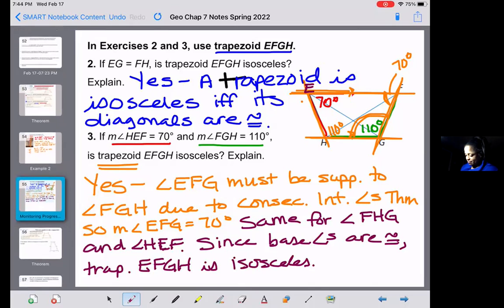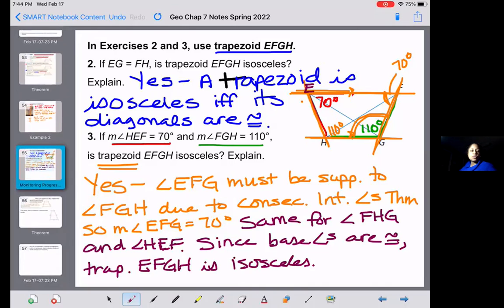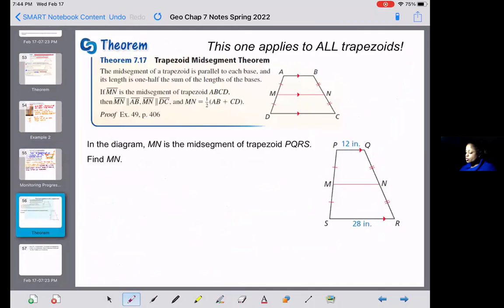Okay, so those are the theorems for isosceles trapezoids, and we're about to talk about theorems for any trapezoid. So this one applies to all trapezoids. All right, so this is the trapezoid mid-segment theorem. Mid-segment. This word might sound a little familiar because we talked about it in the context of a triangle before.